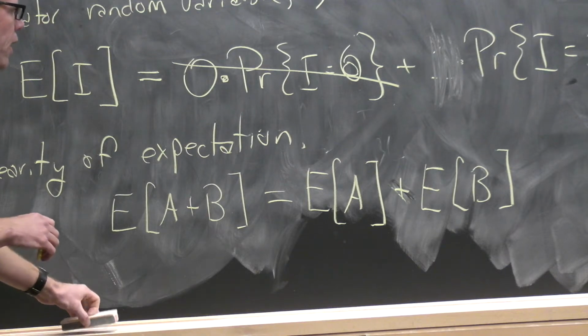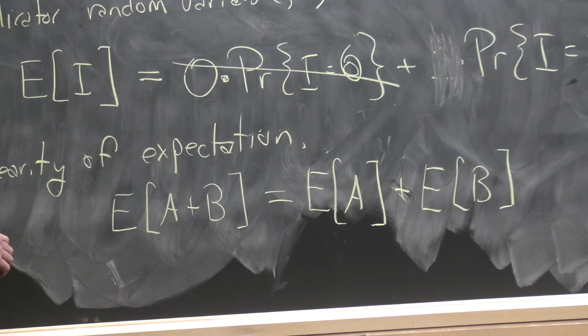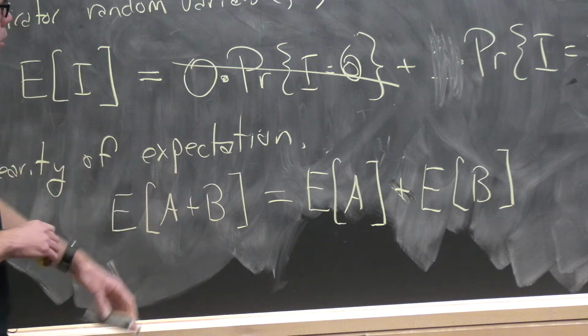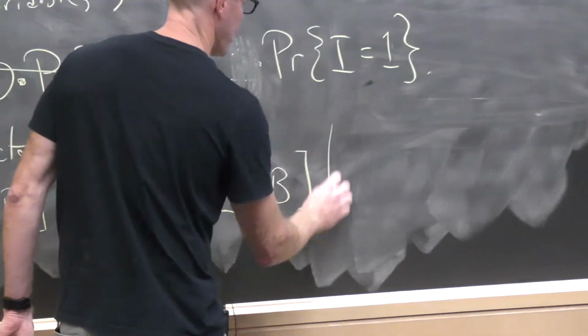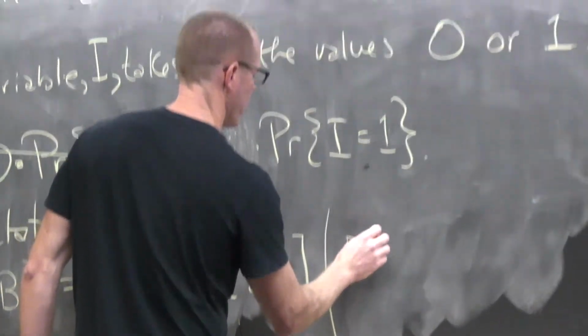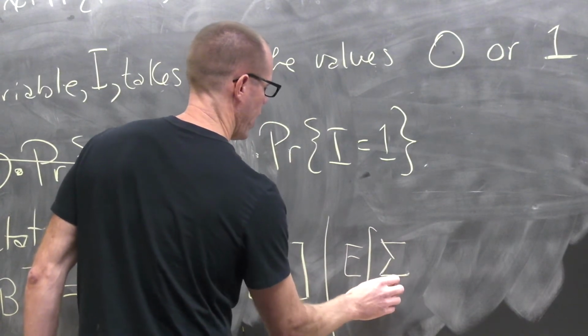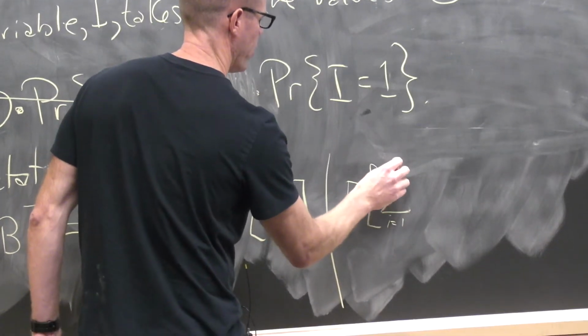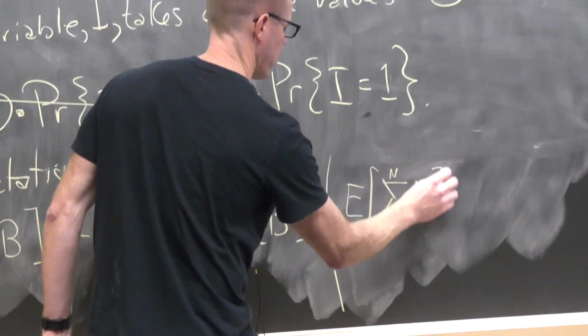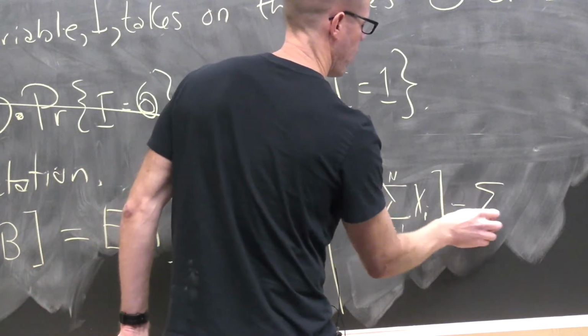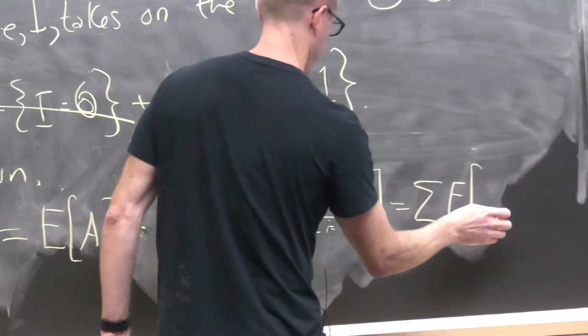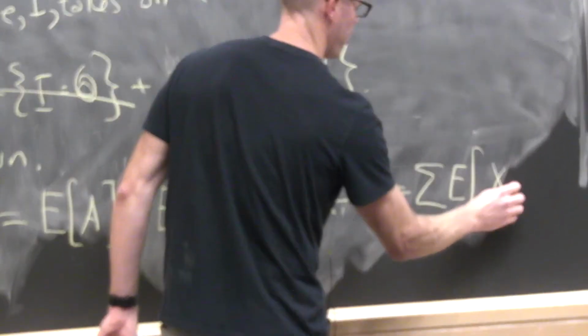And more generally, this is just a sum with two terms. More generally, the picture looks like this: the expected value of a sum of random variables is just the sum of the expected values of those random variables.